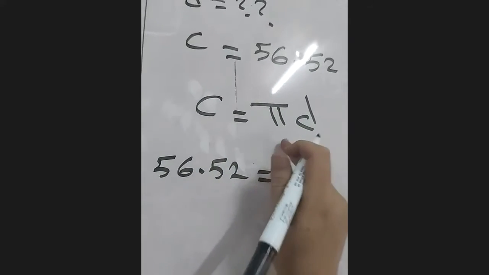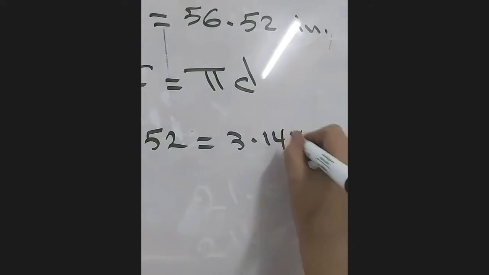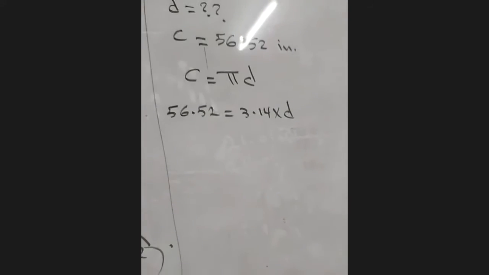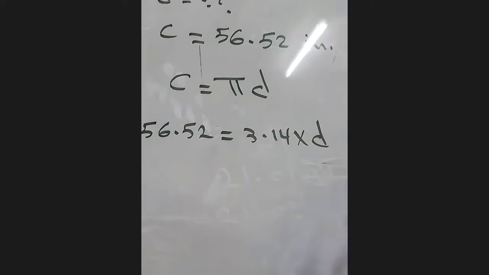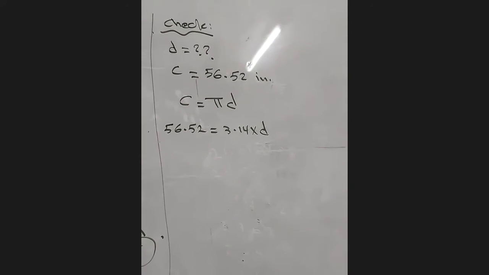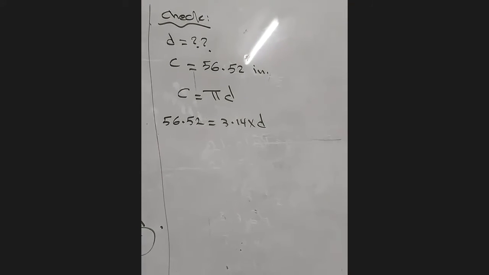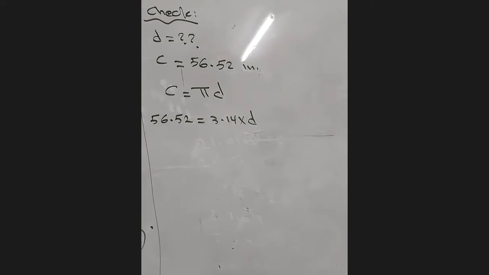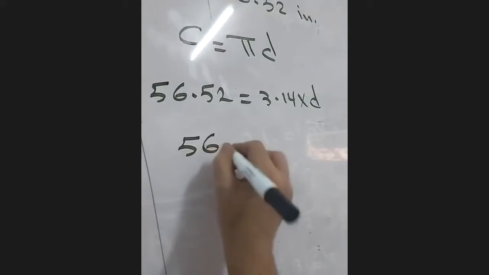Equal. How much is the pi? 3.14, multiplied by D, right? Now, this is a one step equation. If we have multiplication, what will we do? Divide. Divide both sides by 3.14.